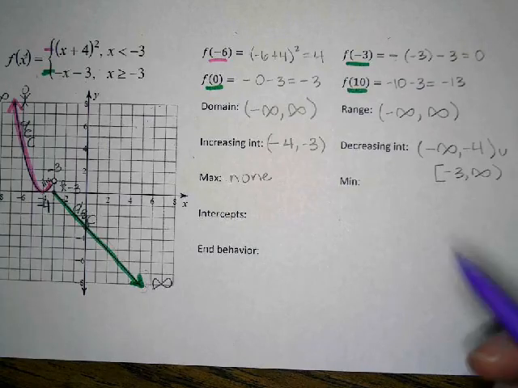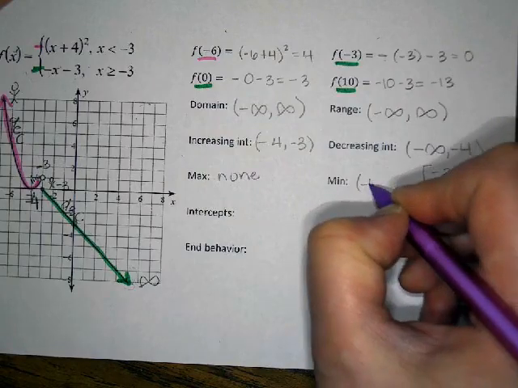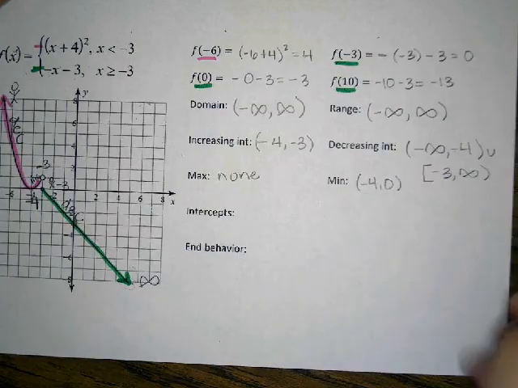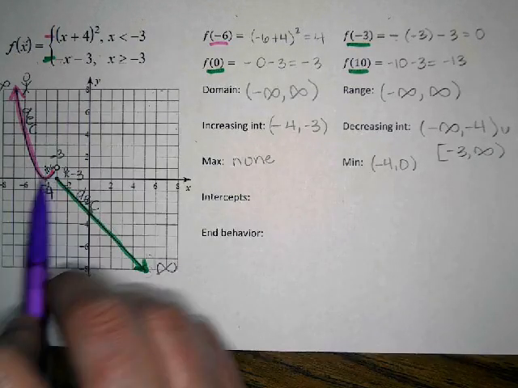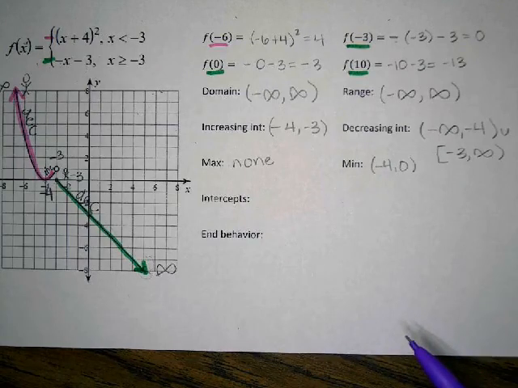I'm going to do the x coordinate and the y coordinate. The minimum is a valley in the picture. Okay. X-intercepts. Are there any x-intercepts in the picture? What are they? -4 is an x-intercept. -3 is an x-intercept.